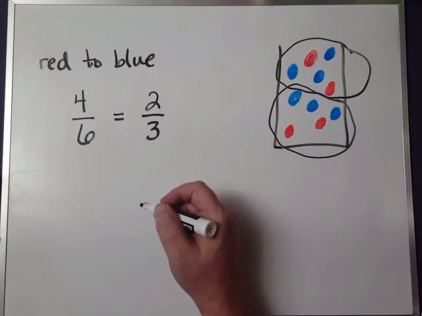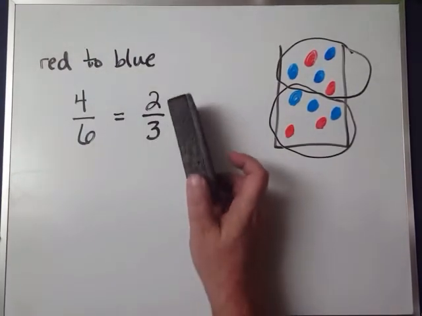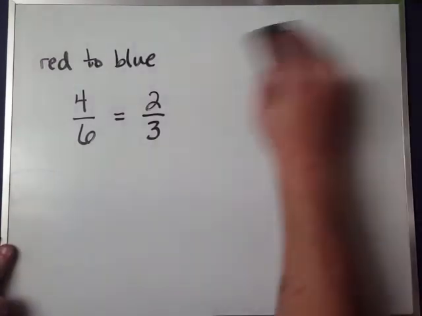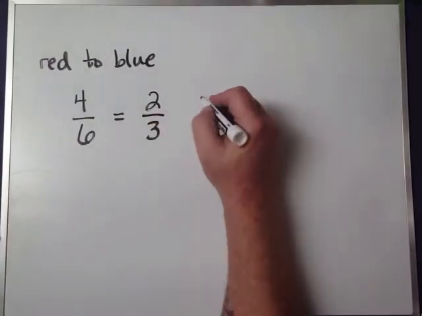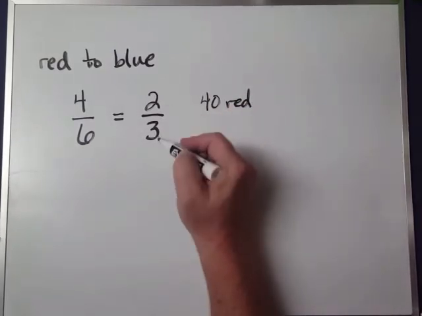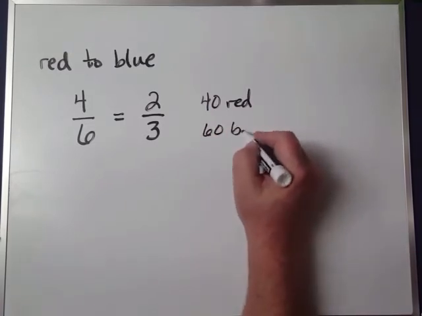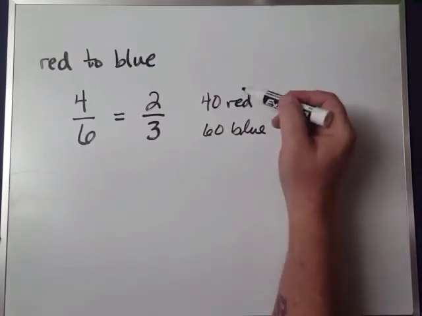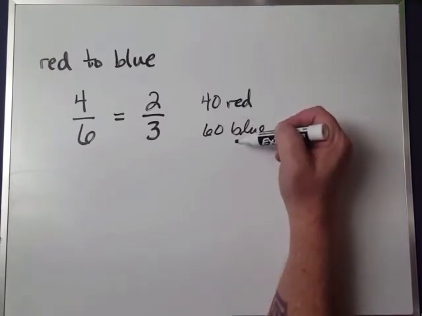If I told you that I had a jar full of marbles and the ratio red to blue was 2 to 3, and that there were 40 red marbles, well then a ratio of 2 to 3 will tell you there must have been 60 blue marbles, because for every 2 reds I have 3 blues.